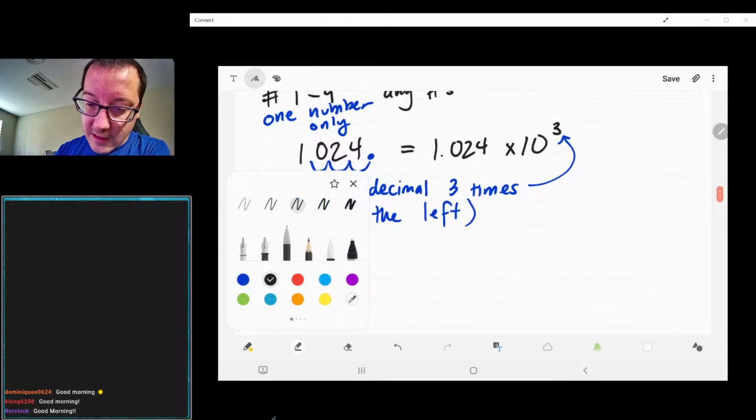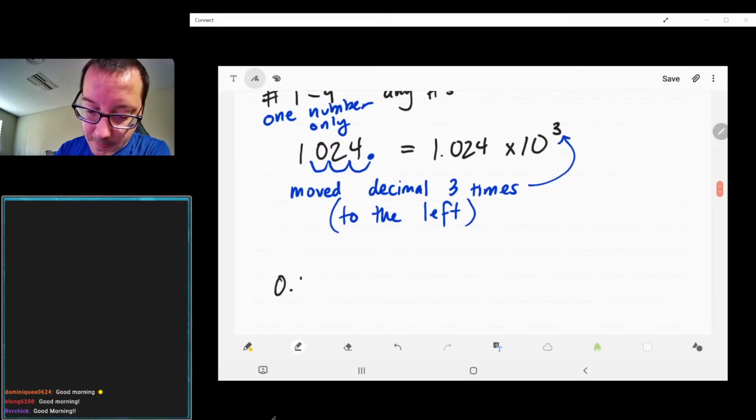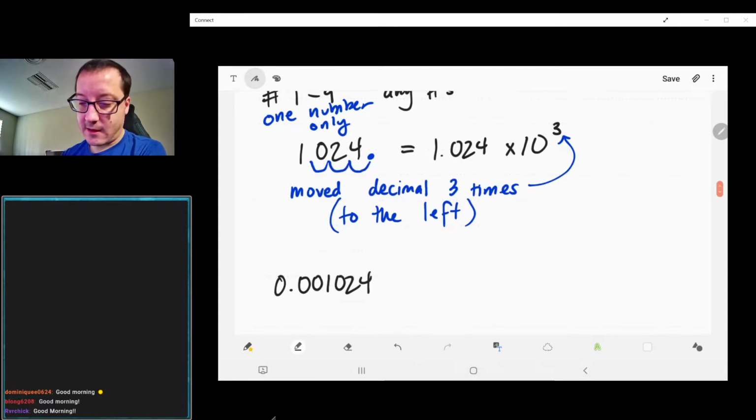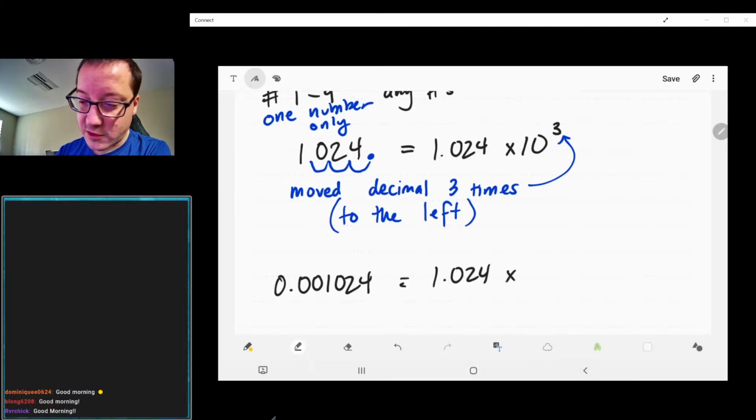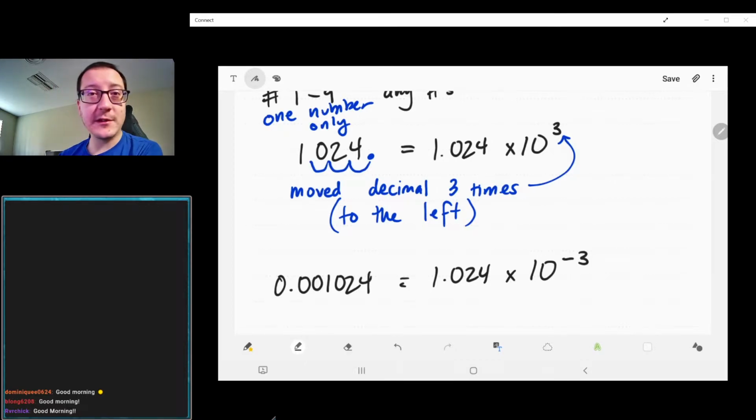If we had this number instead, I can go ahead and convert that to scientific notation as well. But we're going to see we're going to have to move the decimal the other direction. And as a result, our exponent will be negative.